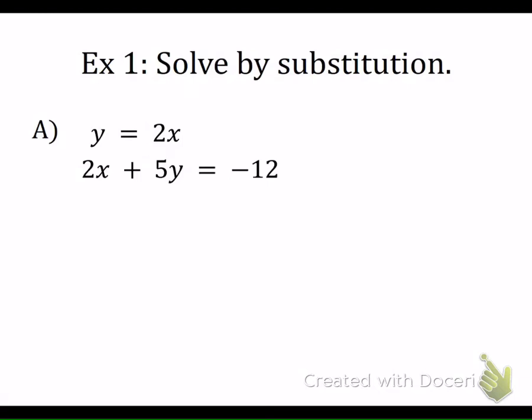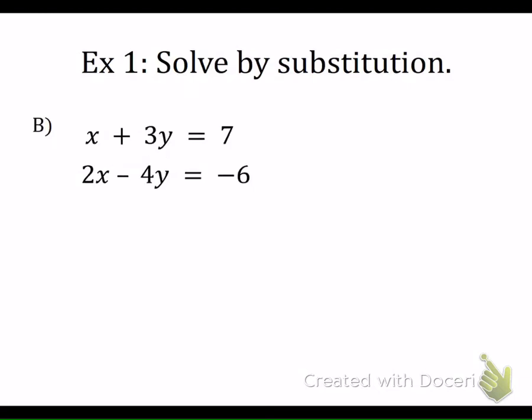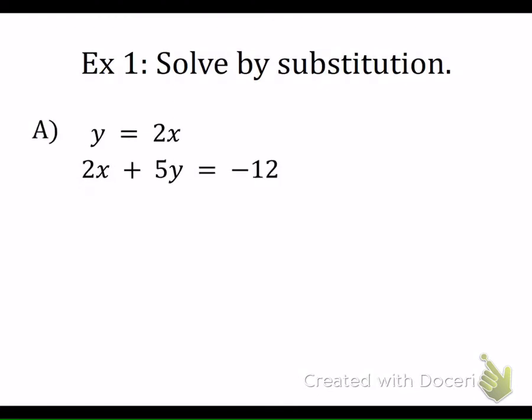So what we're going to do is we're going to take that value, this guy right here, we're going to plug it in for this variable in the other equation, okay? So y and 2x are the same exact thing, right? So I'm going to take this y out.